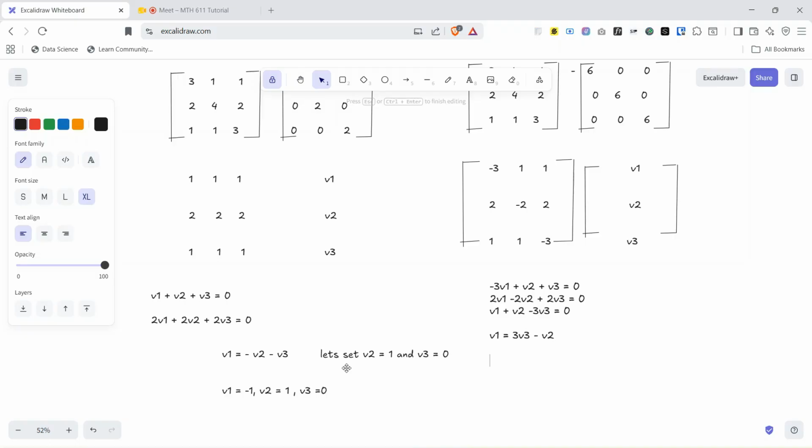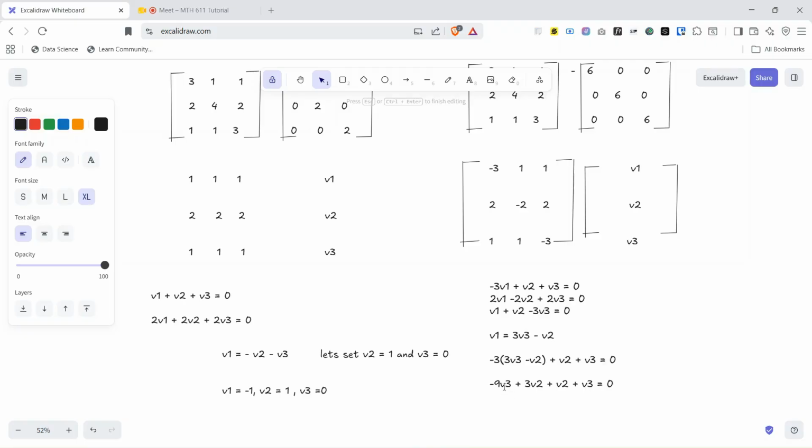So our V1 is 3V3 minus V2, right? Plugging it into equation 1, that would be minus 3 into 3V3 minus V2, plus V2 plus V3 equals 0. So that will be minus 9V3 plus 3V2 plus V2 plus V3 equals 0.